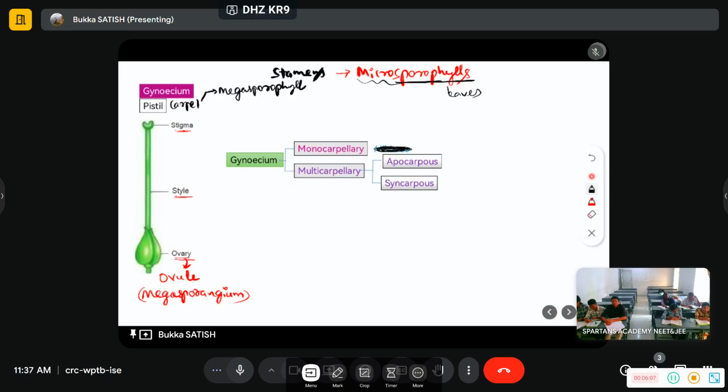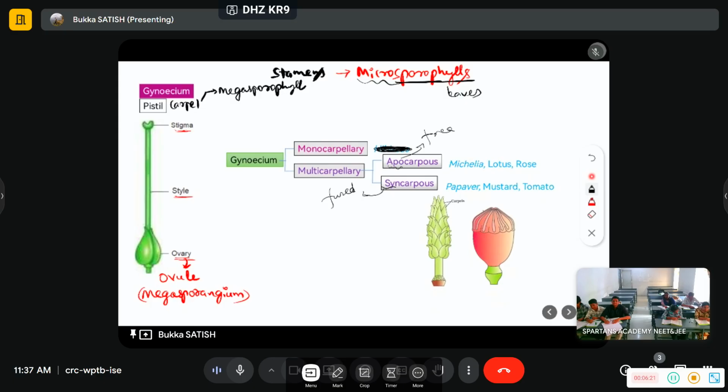In multicarpellary, again, the carpels can be free or they are fused. Examples for apocarpous: Michelia, lotus, rose. For syncarpous: pepper, mustard, tomato, and also hibiscus.